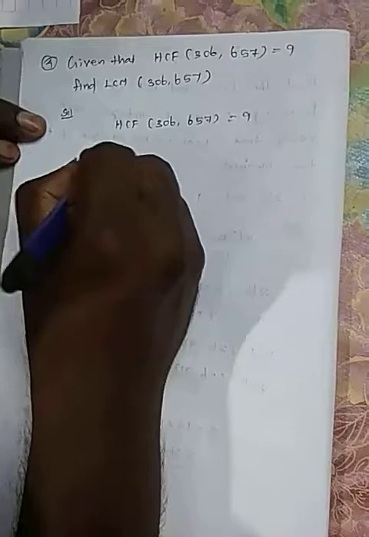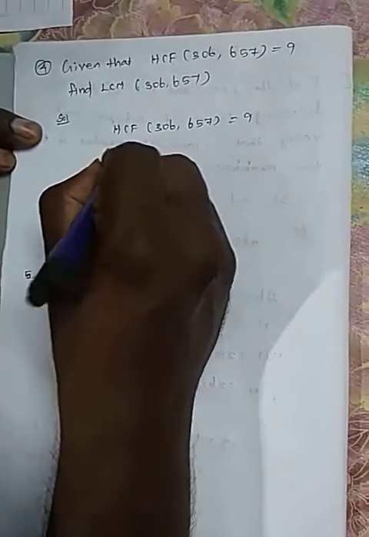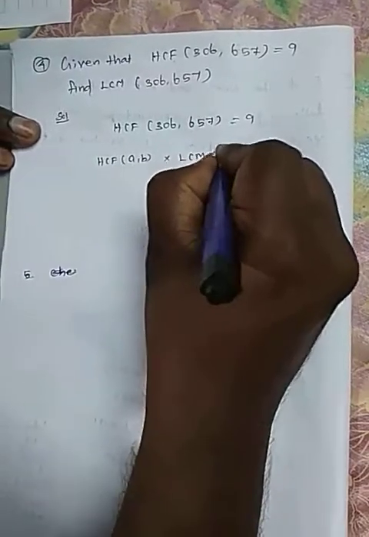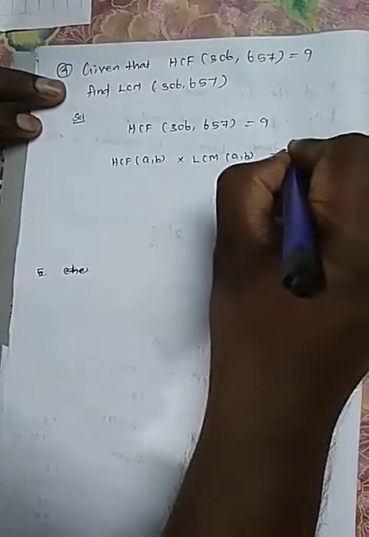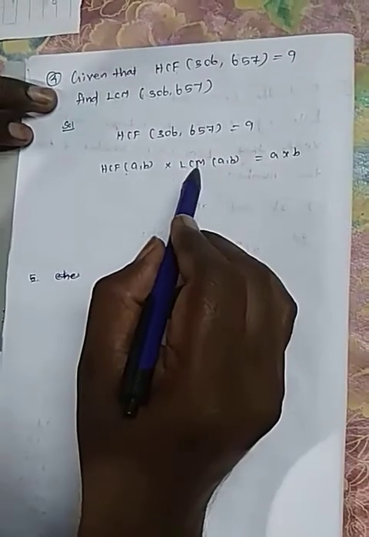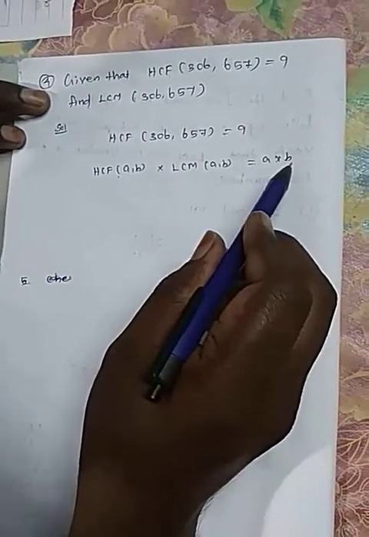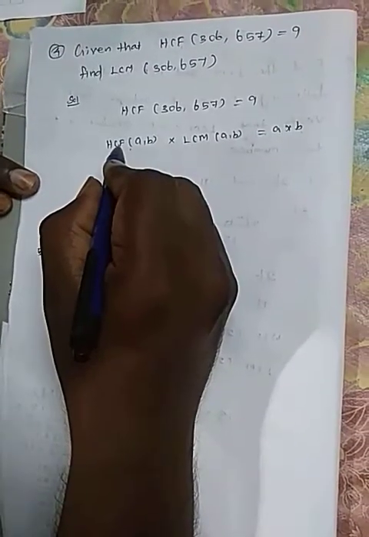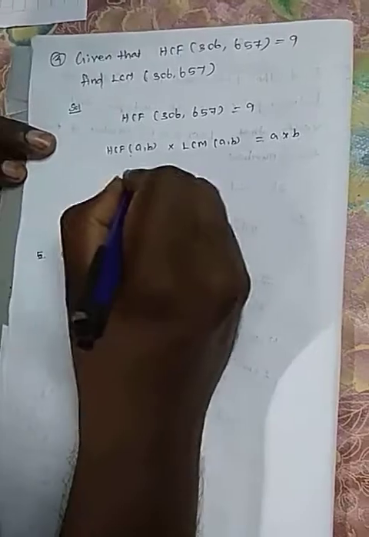What is that? HCF of A and B into LCM of A and B is equal to A into B. The product of the HCF and the LCM is equal to the product of the two numbers. Here the HCF is given. What is that? 9.